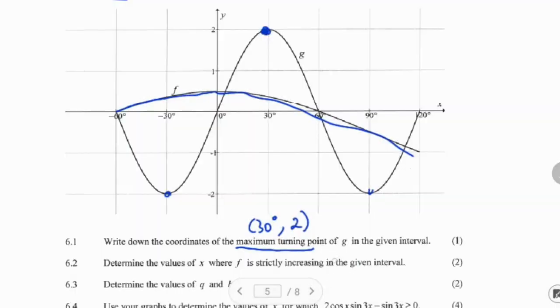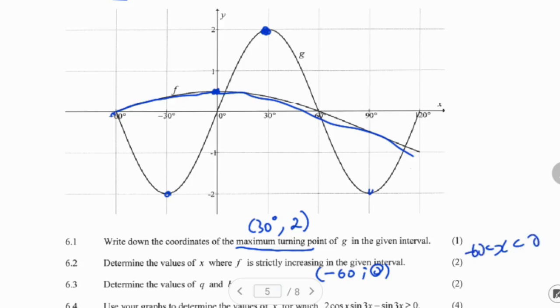So it's definitely increasing between minus 60 and 0. Yes, we use a round bracket because at minus 60 it's 0, and at 0 it's stationary, it's at maximum, so we don't include them. Or you can just say x is between minus 60 and 0.